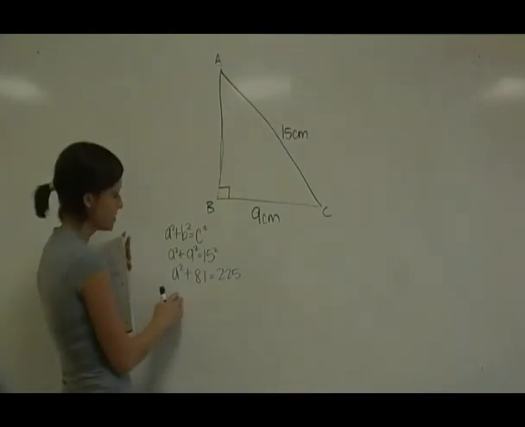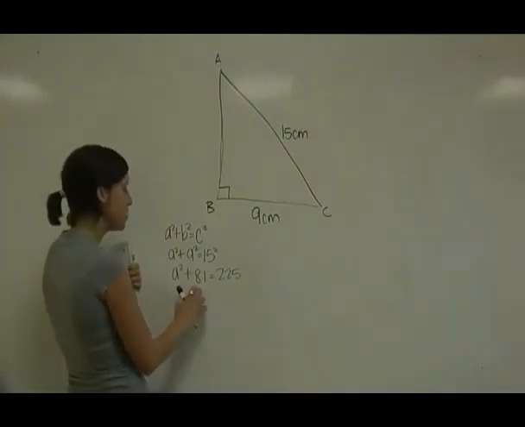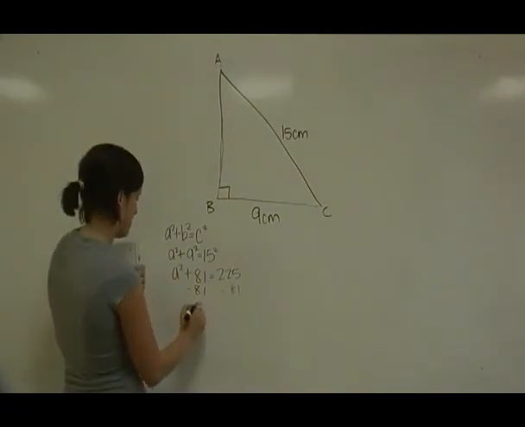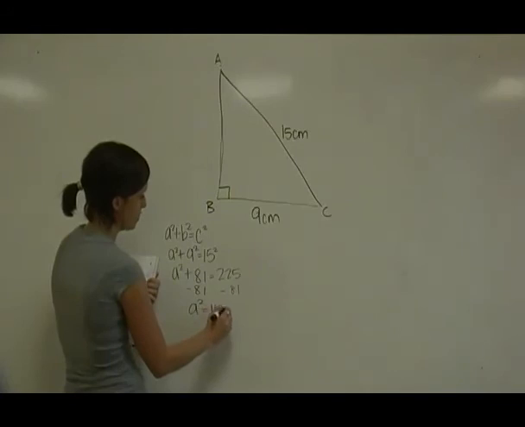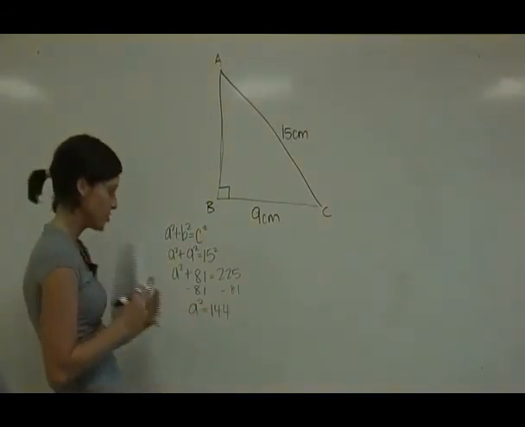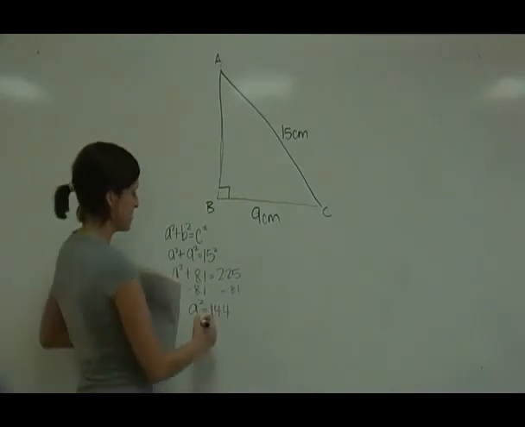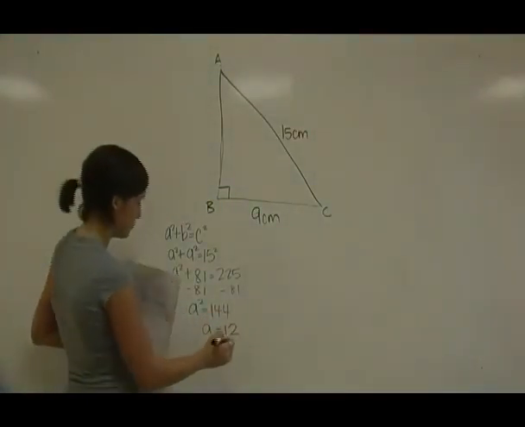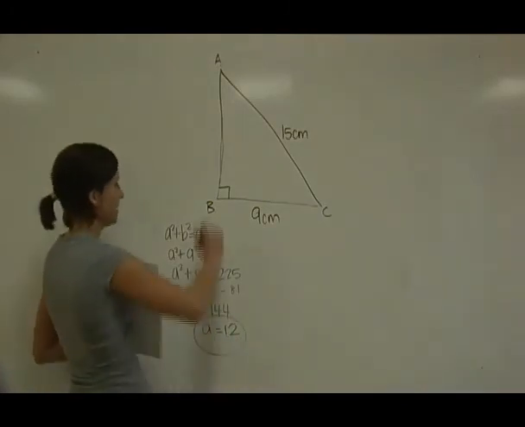So now we have to isolate a by itself, so we take 81 and subtract it from both sides. And you get a squared equals 144. Now, looking at our square roots that we had to memorize, 144 should ring a bell, and that means it's a perfect square, which a would equal 12. Okay, so we found our side, which is 12.